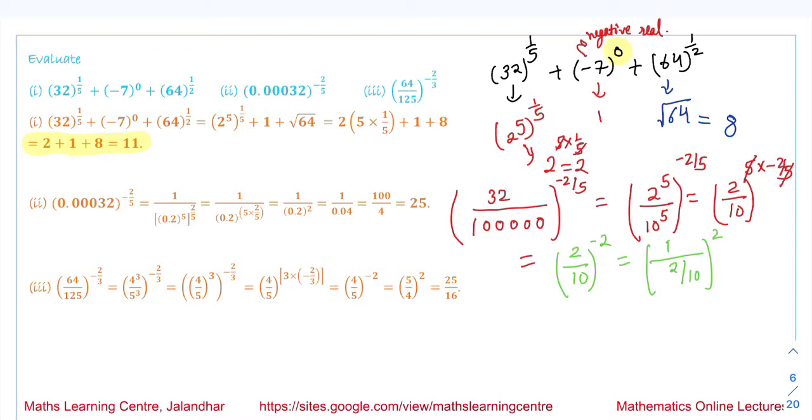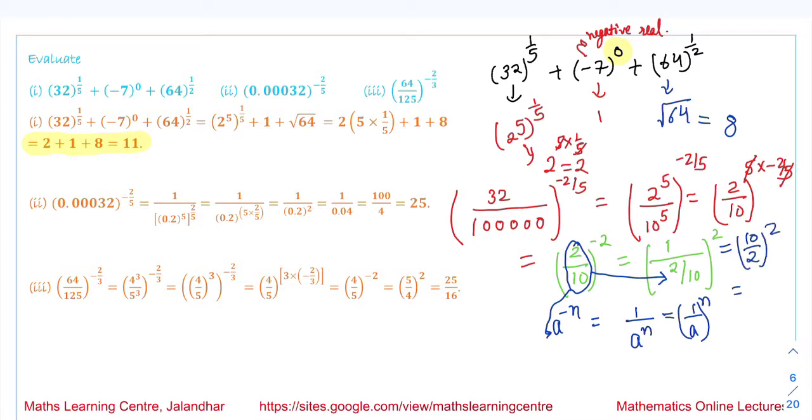Why is it so? Because a raised to the power minus n is equal to 1 by a raised to the power n, and we consider this whole term as a. So it becomes 10 by 2 raised to the power 2, that is 5 raised to the power 2, which is equal to 25.